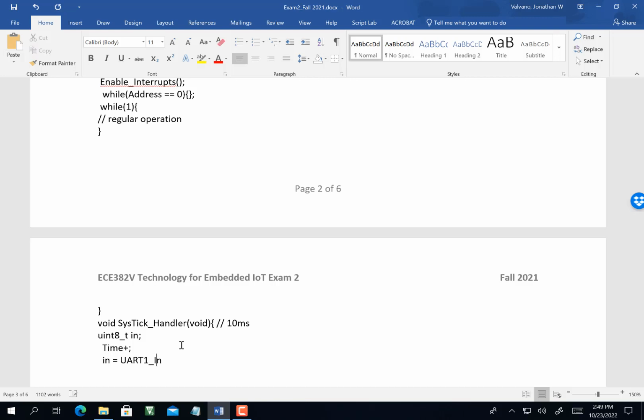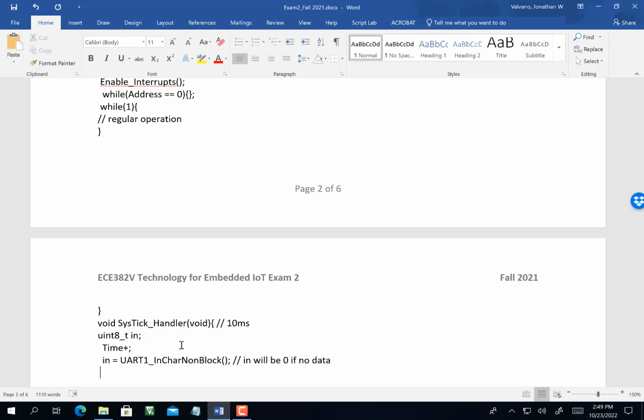Again, if you did lab 1, this is really pretty obvious. So this in will be 0 if no data, and it will be non-zero if there's data in there.